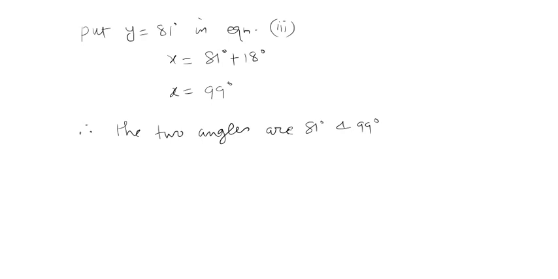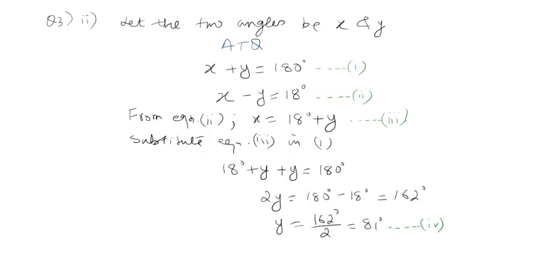Okay, now you can ask your doubt. What was your doubt? Second equation, what do you write? Yes, you can write it. x is equal to 18 plus this one.